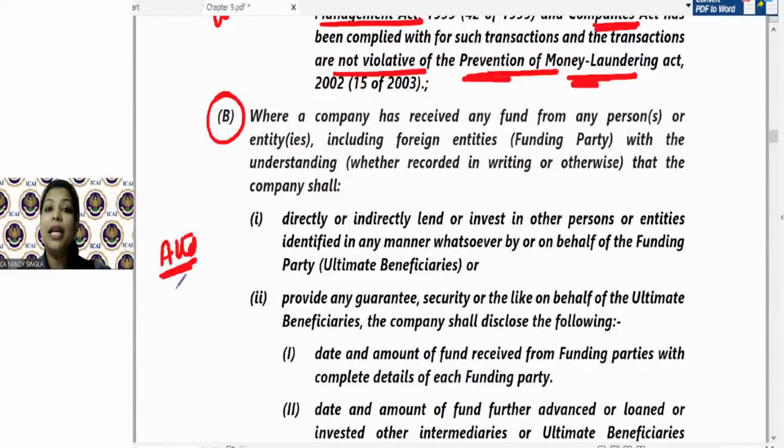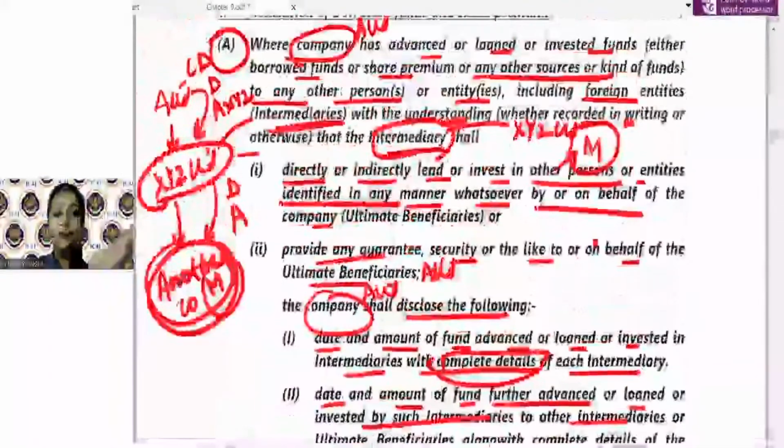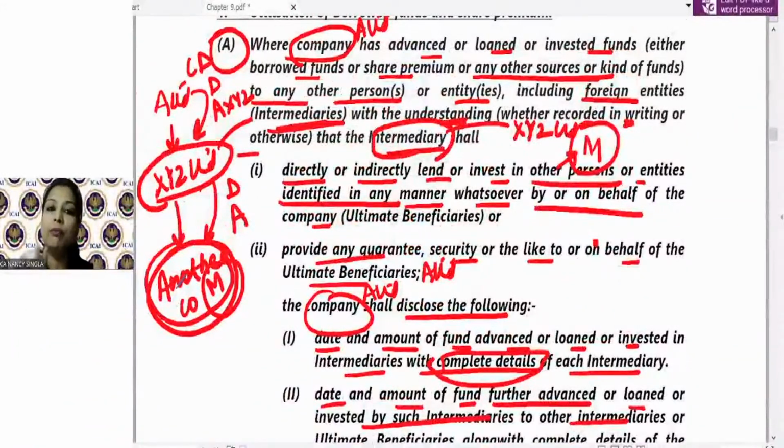A Limited receives a fund from another company. Okay, someone comes and gives money to A Limited saying, take our money, now invest it further on our behalf. So if A Limited in this example becomes the intermediary, then what are the disclosure requirements?